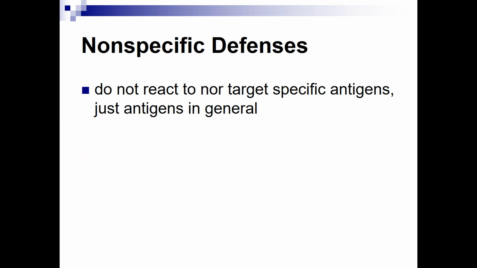So with the non-specific defense, like it says, it doesn't react to or target specific antigens, just any antigens in general. Anything that is foreign, that is not part of our own bodies, and essentially it's just going to keep everything at bay.